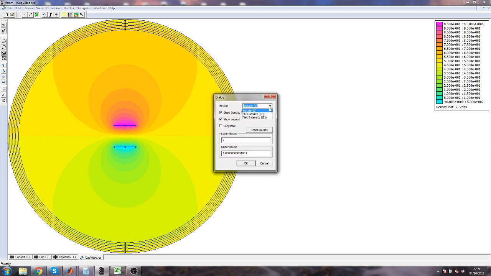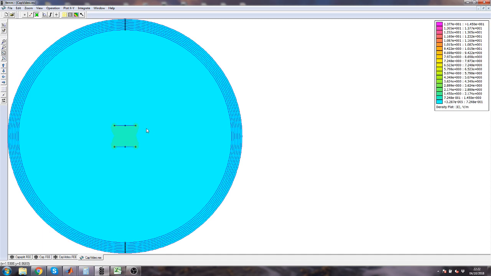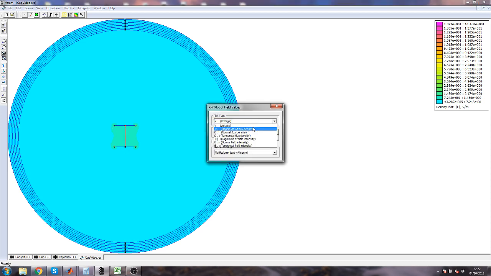So electric field we can look at in a plot like this, and that's not very interesting at all. Other way I can do it is by looking at the contour plot down here, and the normal field intensity won't be very big.